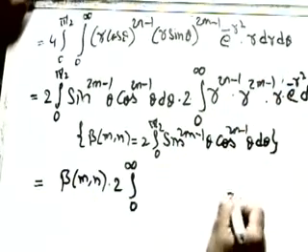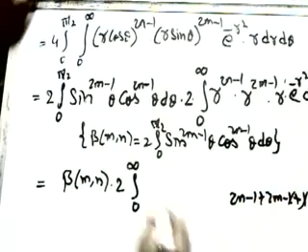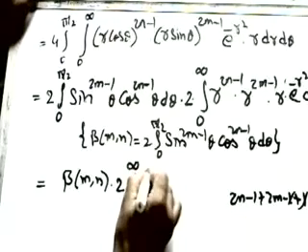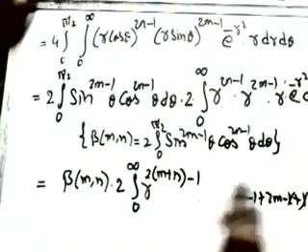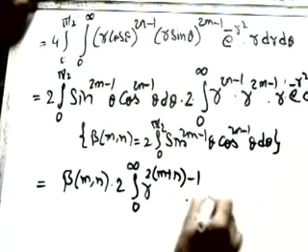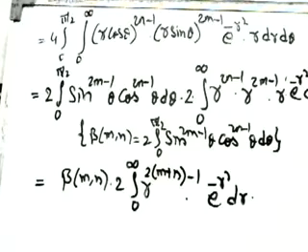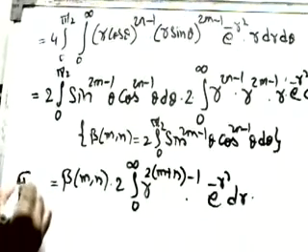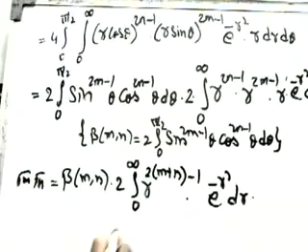If we add powers, this will become 2n minus 1 plus 2m minus 1 plus 1, and plus 1 minus 1 we can cancel. R to the power of, taking 2 common, 2 into m plus n minus 1 into e power minus r squared dr. What we are having here is gamma of m, gamma of n.